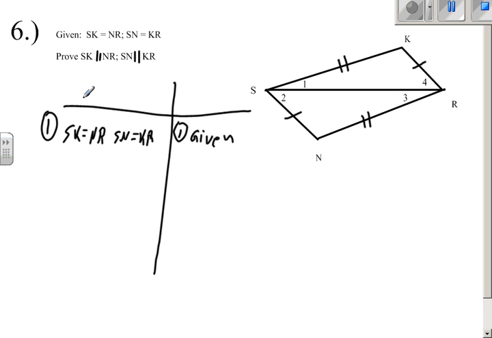Now in the two triangles, that's a set of sides and a set of sides. When we have two sides, we could do side angle side if we had an angle congruent, but we don't just yet. But we also know that they share SR. So for step 2, I would say SR is congruent to SR. Remember, these were congruent.